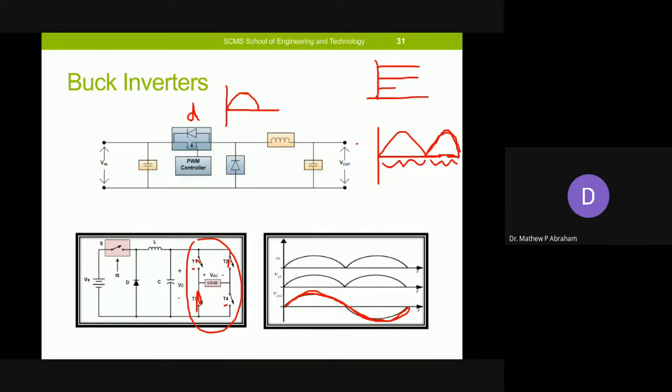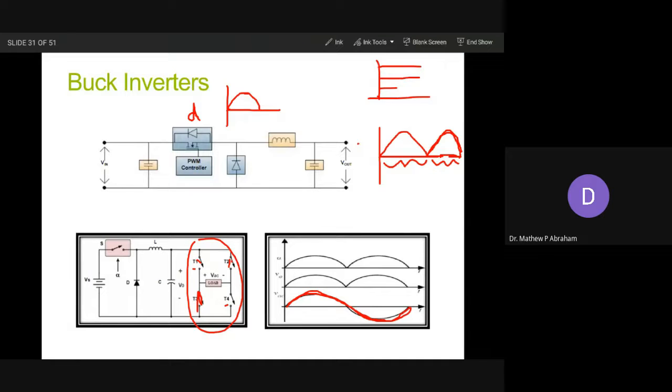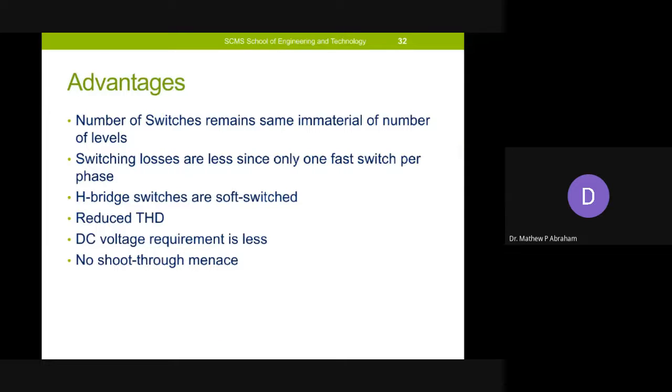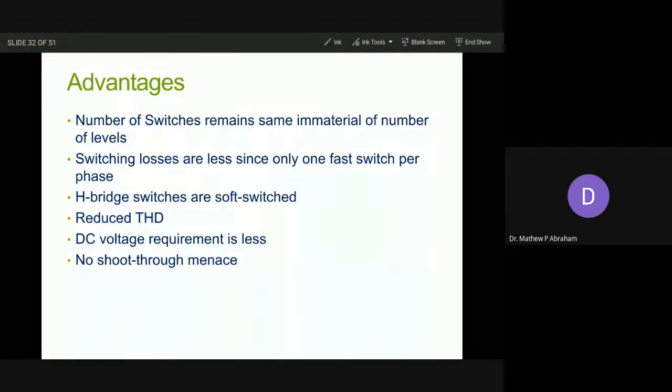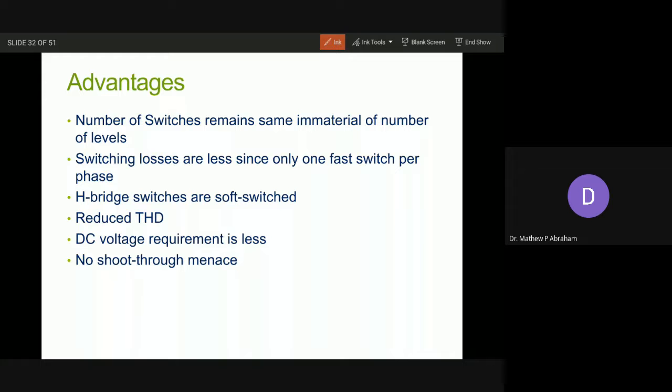The basic operation is the same in the case of an ordinary inverter and this inverter, but we achieve this by providing proper filtering so that we smoothen out the waveform. So these are the advantages of going in for such a buck inverter. The number of switches remains the same, and there are limited levels.